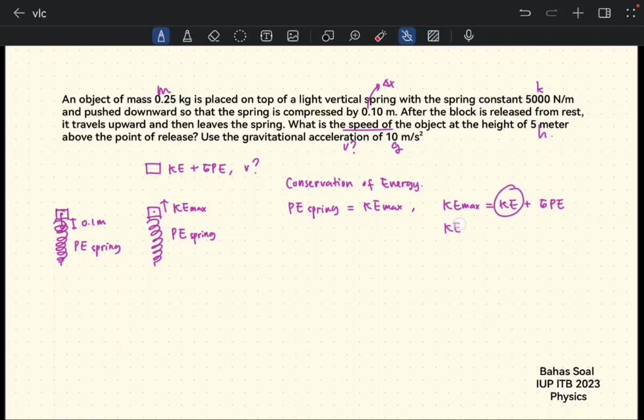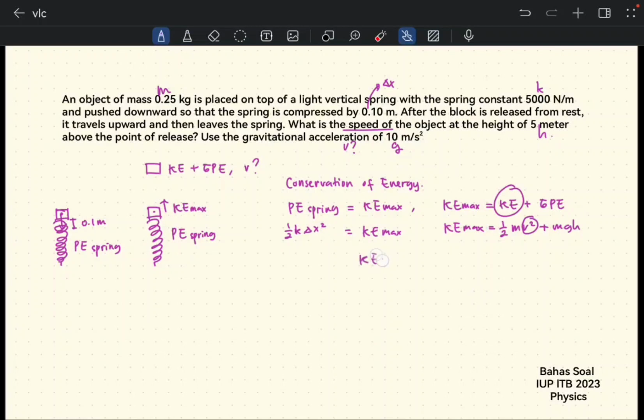So KE max equals half mv squared plus mgh. And we have to find the speed. Here we don't have KE max yet, so we have to find KE max from the potential energy of the spring, half k delta x squared.